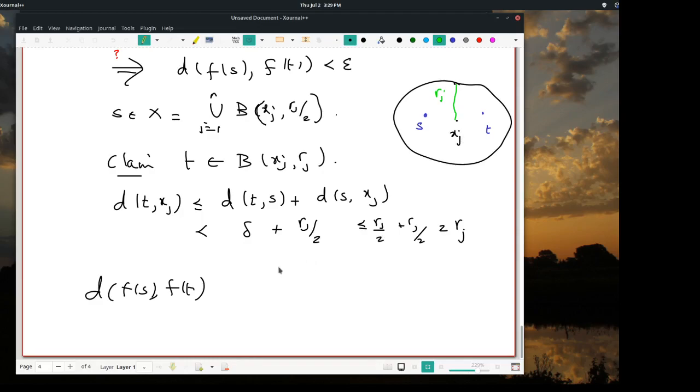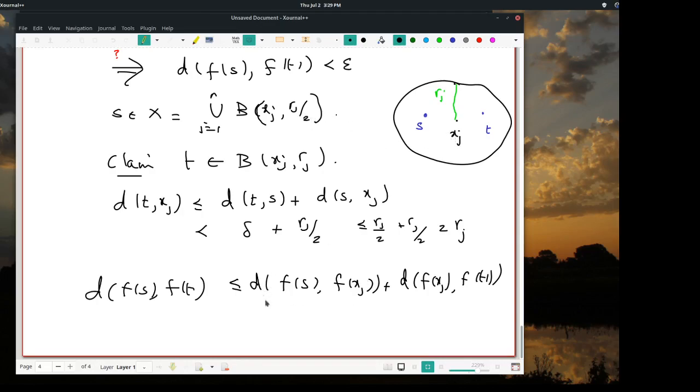Therefore this is less than or equal to the distance between f(s) and f(xj) plus the distance between f(xj) and f(t). Now what do I know? s belongs to B(xj, rj).